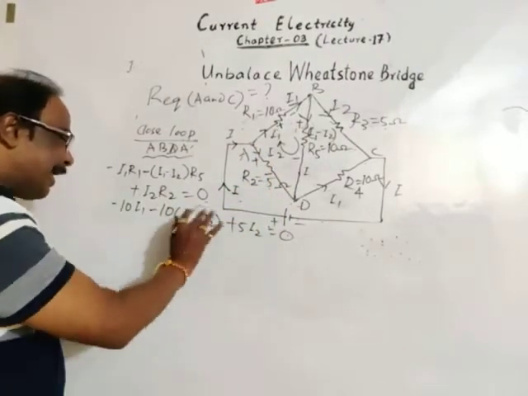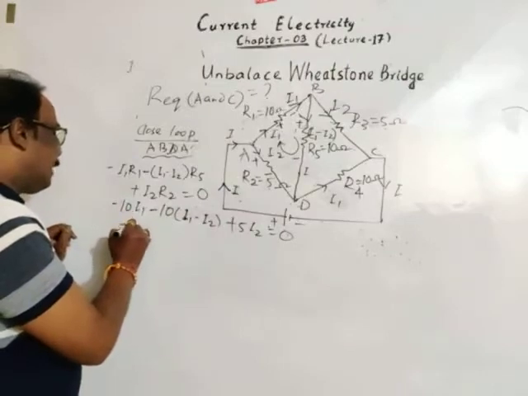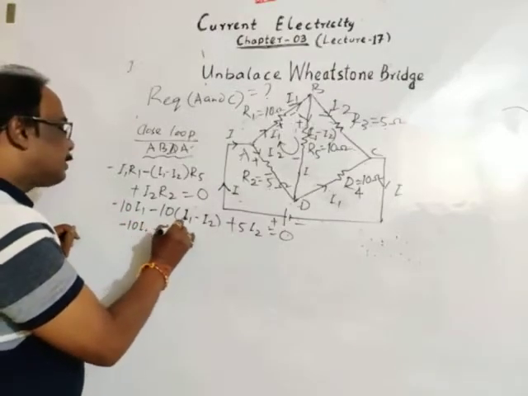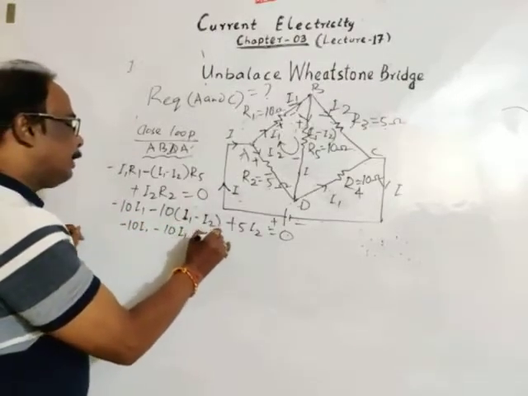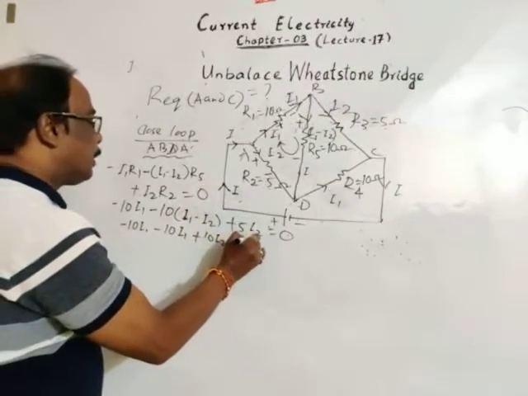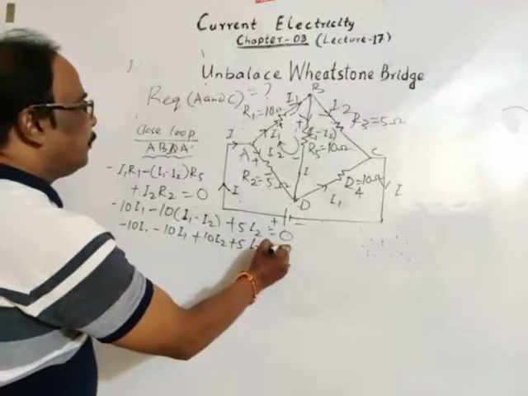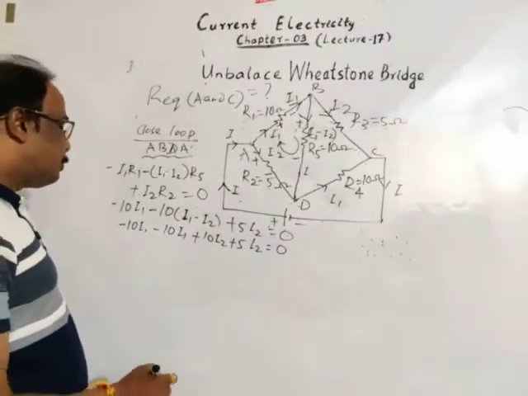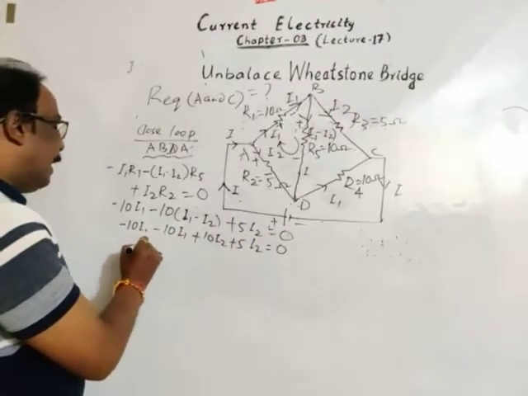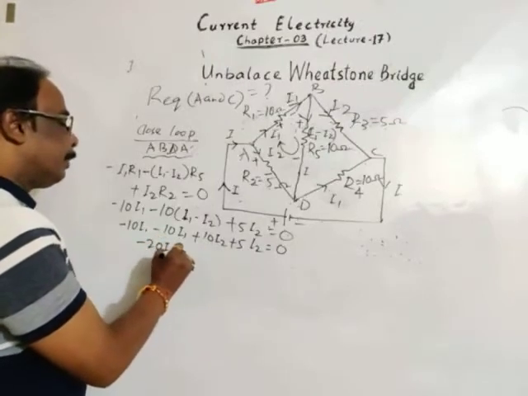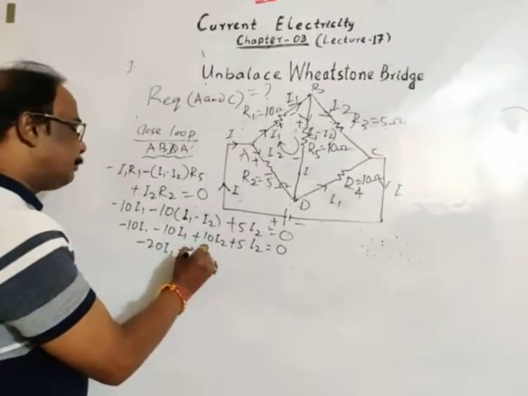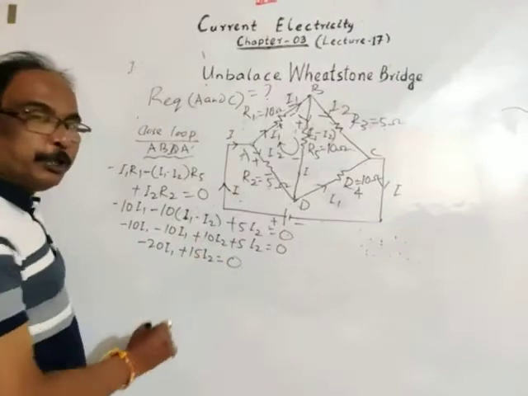Now solve it. Minus 10 I1 minus 10 I1 plus 10 I2 plus 5 I2 is equal to 0. Then minus 20 I1 plus 15 I2 is equal to 0.